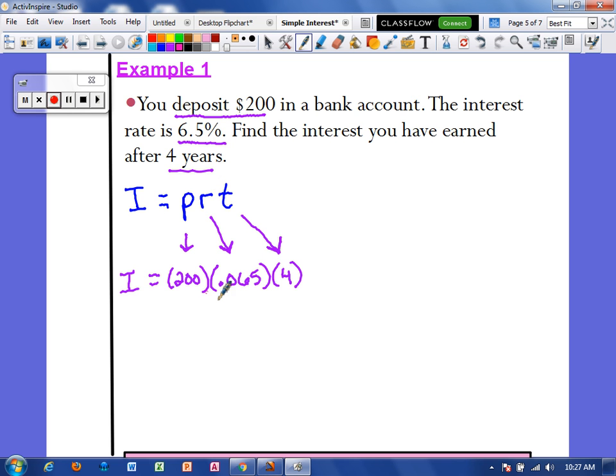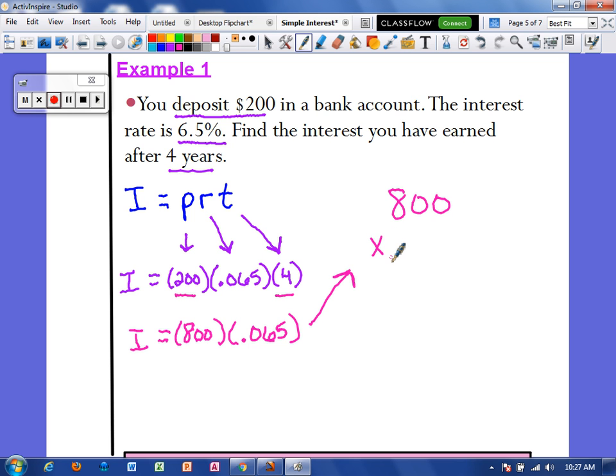So right off the bat, I'm going to multiply 200 times 4 because that's 800. That's simple. So we just have 800 times 0.065, and that is going to equal the simple interest. Now I'm going to come over here to actually multiply that out. All right, so we have 0 times 5, 8 times 5 is 40.